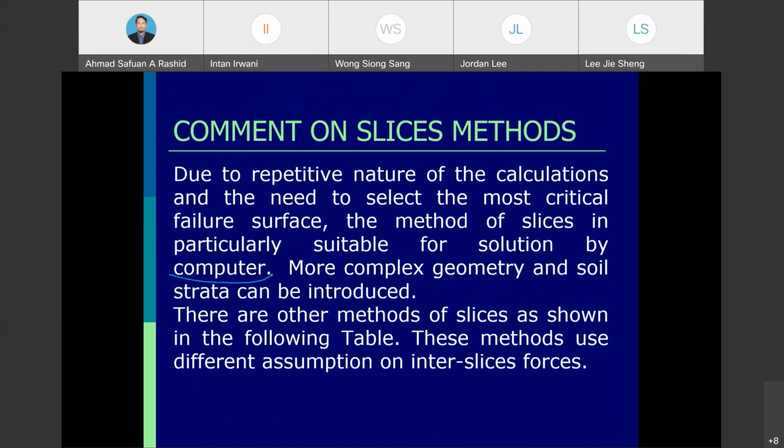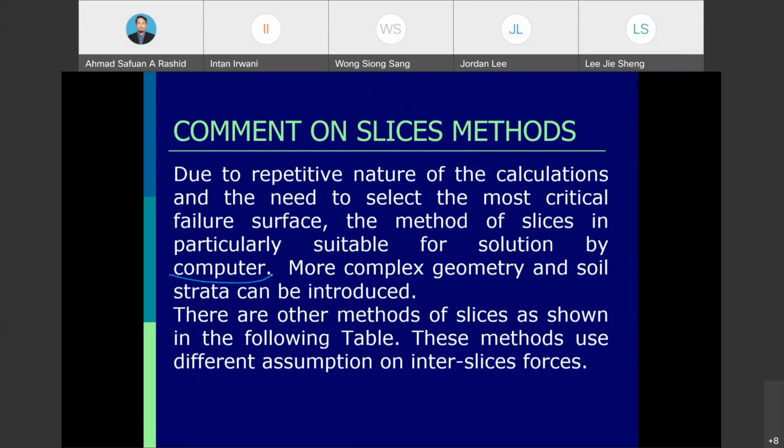SIGMA/W is developed to determine the deformations, which is under the finite element. While SLOPE/W is to get the factor of safety value. So we can do a coupled analysis, meaning we can start with SEEP/W and then run SLOPE/W.